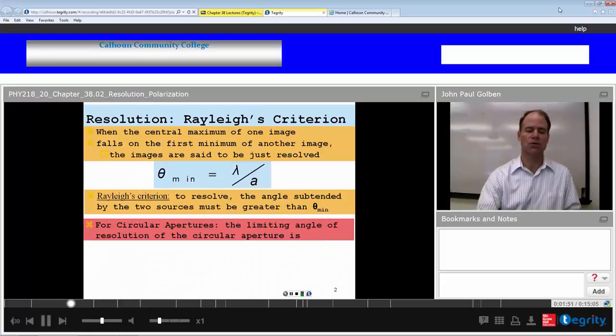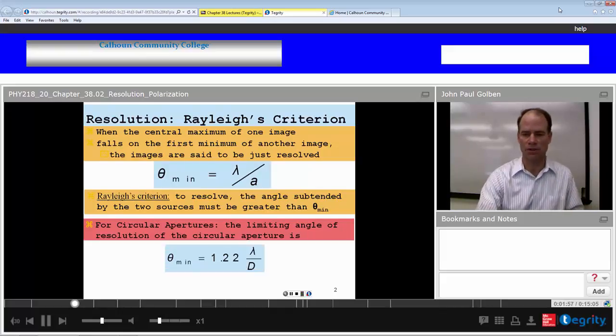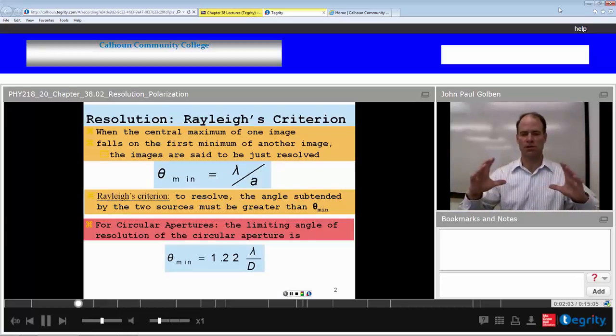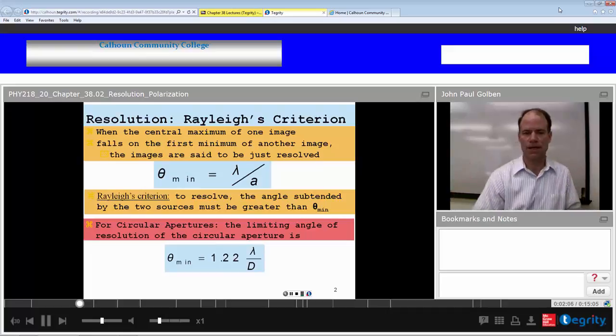In most cases, we're going to be looking at circular apertures, and the limiting angle for the resolution of a circular aperture is a slightly more difficult problem. You have to look at the diffraction interference in a circular two-dimensional sense, and that involves solving the area disk of that interference pattern, and that gives you the first level term in the Bessel function, which is 1.22.